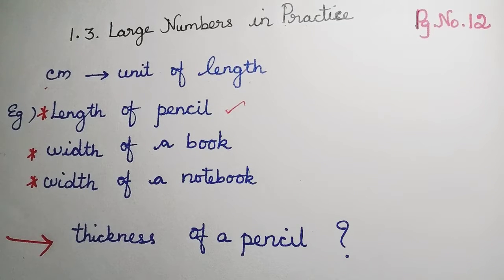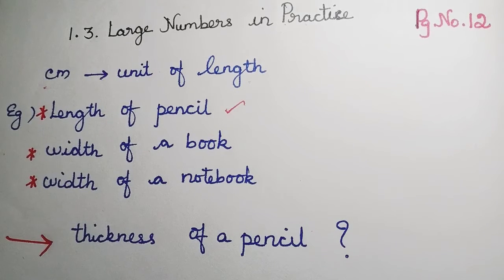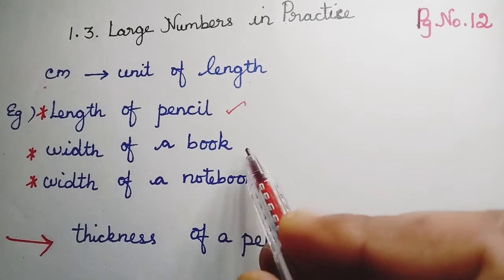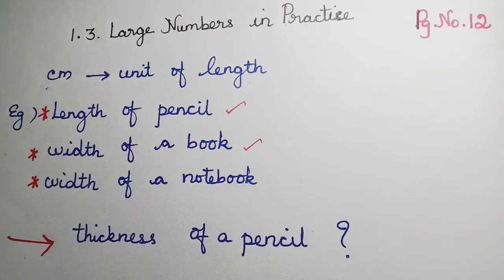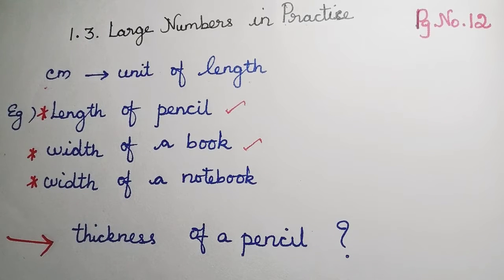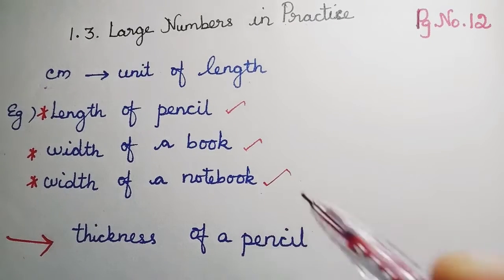Using a scale, you can measure the length of the pencil in centimeters. In the same way, the width of a book will be in centimeters, about 1 to 5 centimeters, depending on the thickness of the book. The same way, the width of the notebook also you can measure using your scale itself, right?